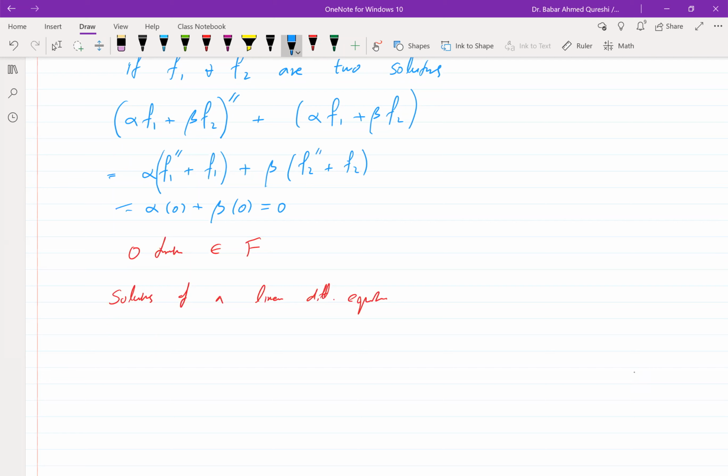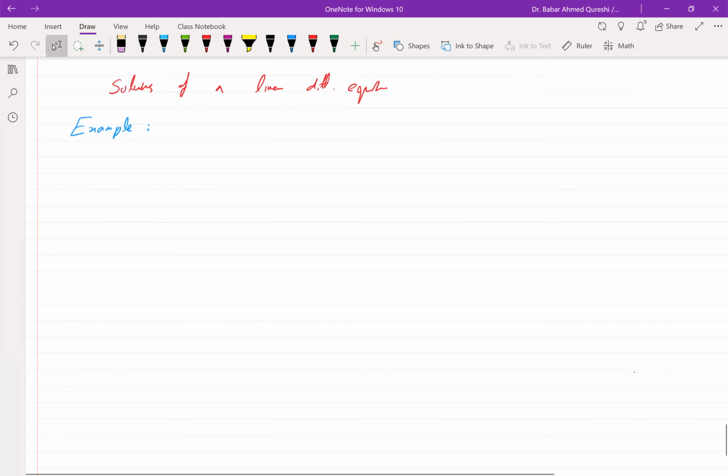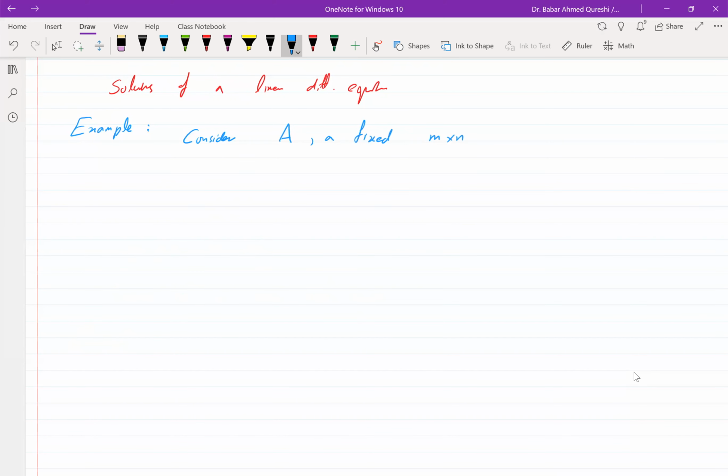Let's take another example. So let's consider a fixed m by n matrix.